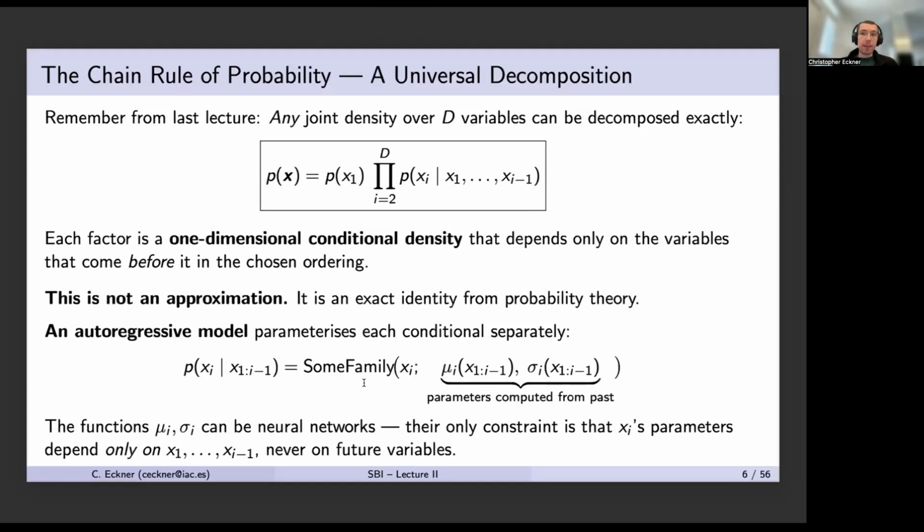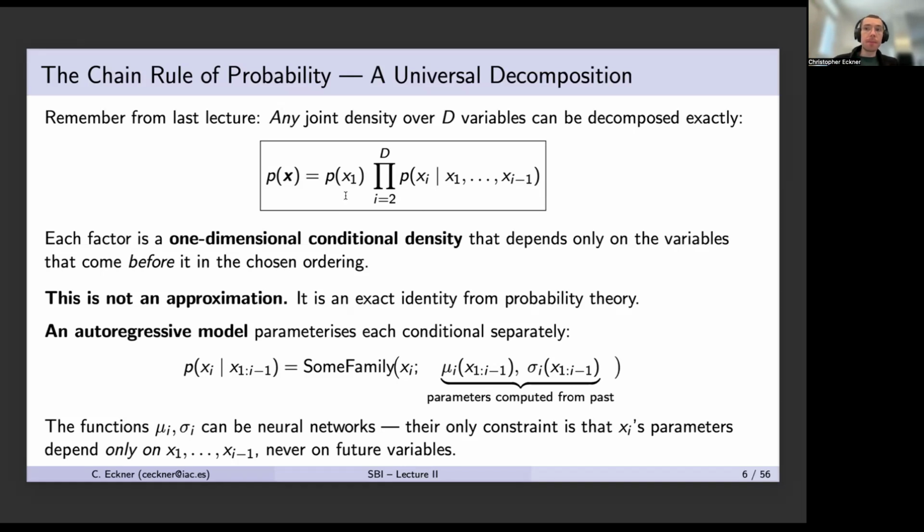Because also what we discussed in the very beginning of last lecture was this very universal property of any probability density. If you have a joint probability density, and if you remember, you can decompose this into a product over many conditional probabilities in the following sense, that your joint probability for any random variable x1 to xd is the product over many conditional probabilities, where you iteratively condition your following variable on the ones that came before that one, as reads here.